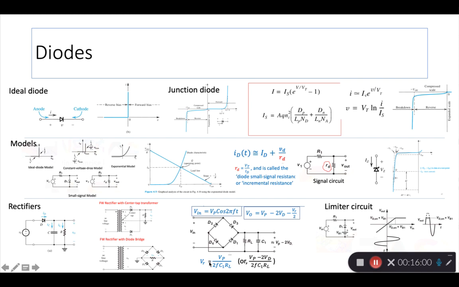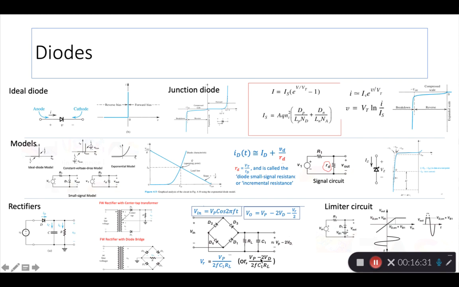What's the ripple? The ripple has its own formula, depends on the capacitance, obviously, because the larger the capacitance, the less the ripple, we know that. So there's two formulas I've given you, one where we ignore this diode voltage. Now this is the more correct value, right? But if you have very low ripple, if the C is very large and the ripple is like 1 or 2% of the output voltage, then you can ignore the minus 2 VD.